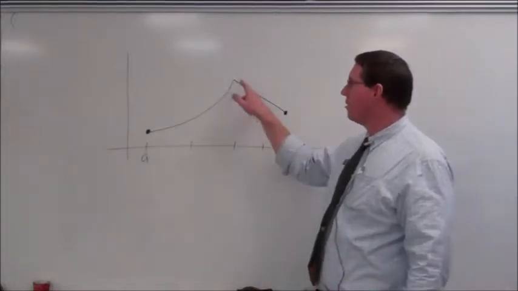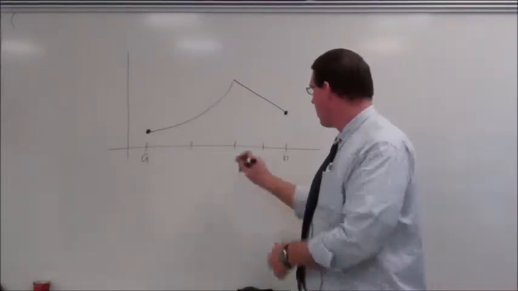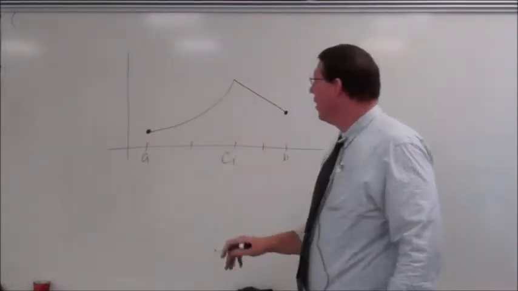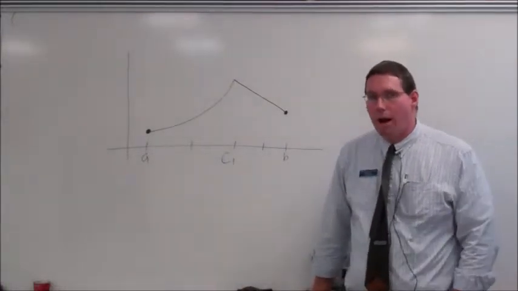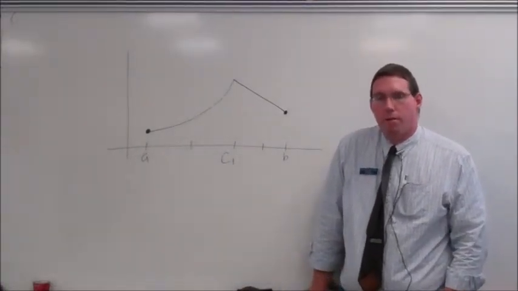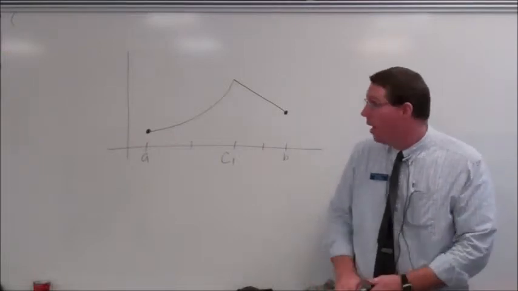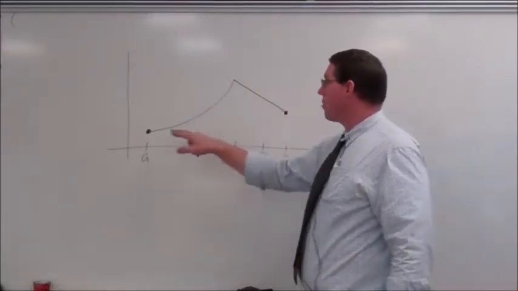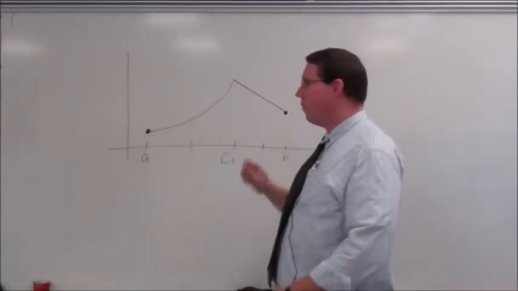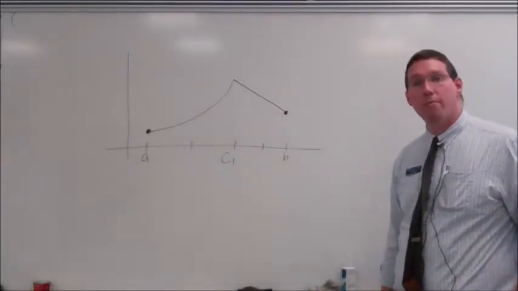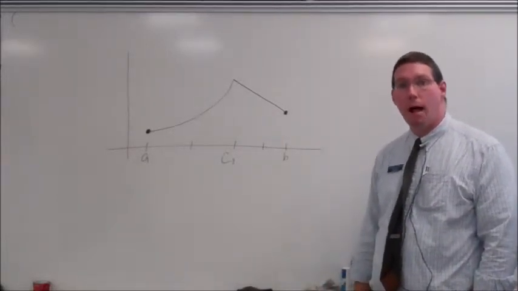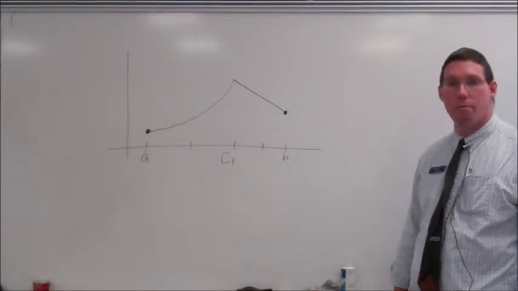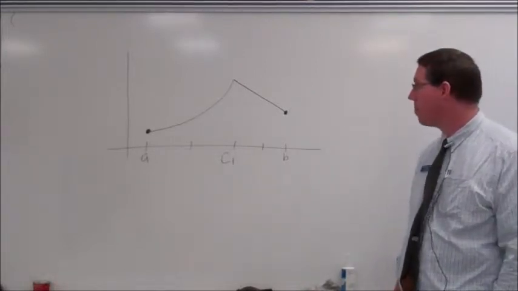Even though this is not differentiable at C sub 1, differentiability is not necessary for the extreme value theorem. We just need continuity. It is continuous on a closed interval from A to B, so the extreme value theorem can be applied. It guarantees that there is an absolute maximum and an absolute minimum.